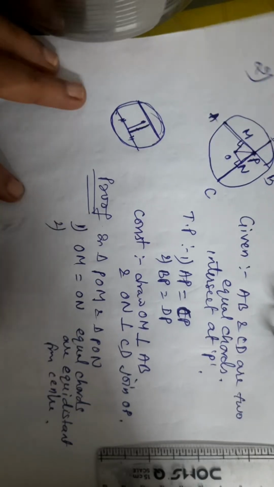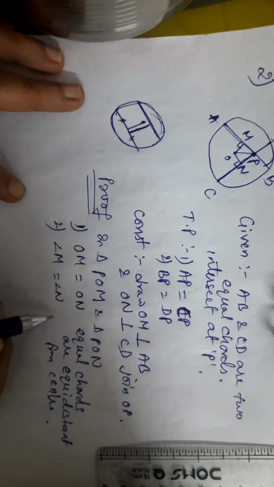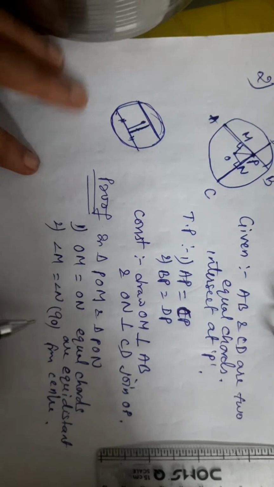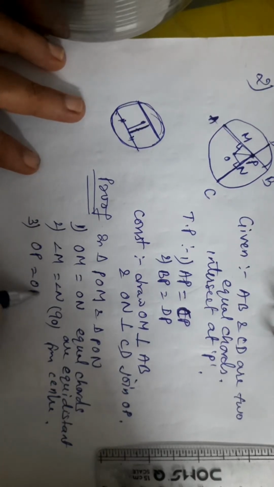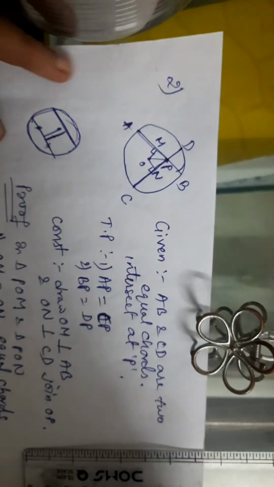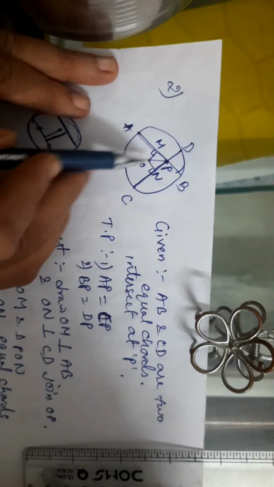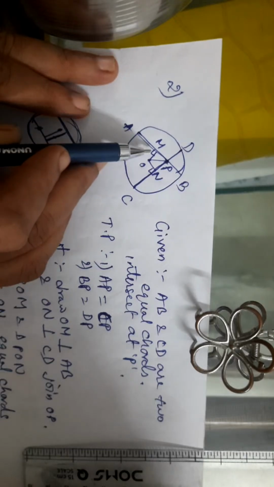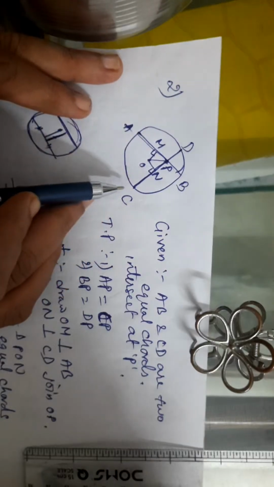Now the second property: angle M and angle N are both 90 degrees, since by construction we drew perpendiculars. Third, OP is common to both the triangles. Once again I am repeating, follow the figure clearly. First, OM and ON are equal because equal chords are equidistant, as AB and CD are given equal chords.